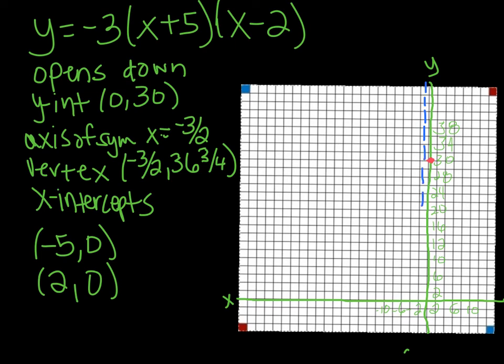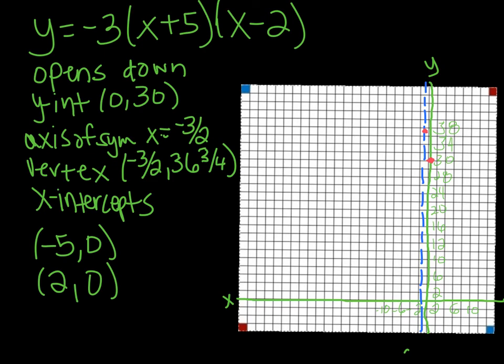Do your best to guesstimate when dealing with fractions or decimals and graphing. Obviously, it's not going to be 100% perfect, but you want to make sure it's somewhat accurate. Let's look at our next point, which is our vertex, which we had at negative 3/2 and 36 3/4. So here we find 36 on this line, so I'll put it a little bit above. And there we have our vertex.